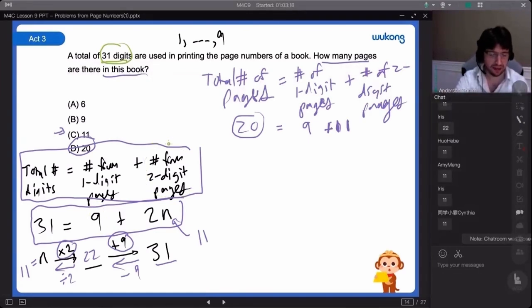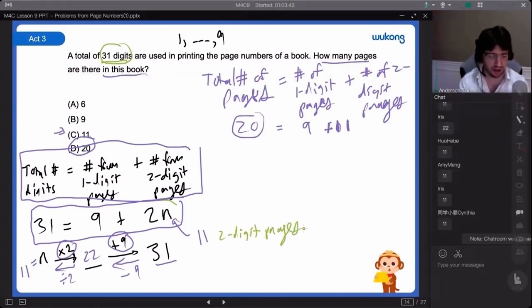I don't know how many, that's going to take some work, but each one gives us 2, so it's going to be twice the number of two-digit pages. This equation we can solve by working backwards like this, or your favorite method of solving that, getting n by itself. However you know how to solve that, keep doing it. Right? We find there are 11 two-digit pages.